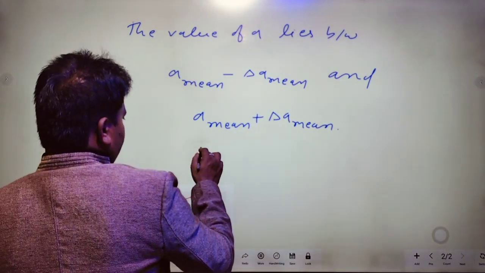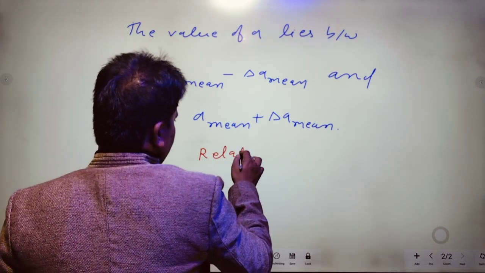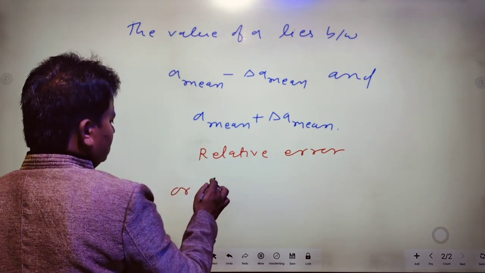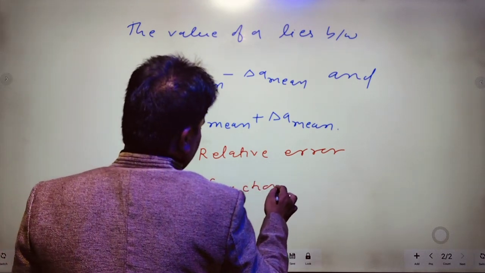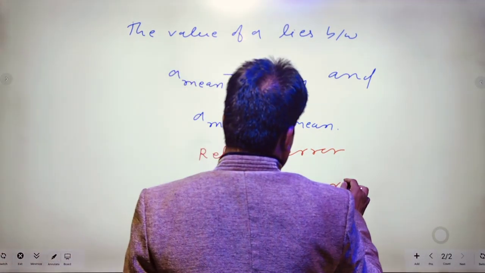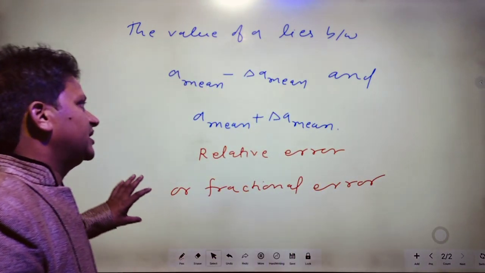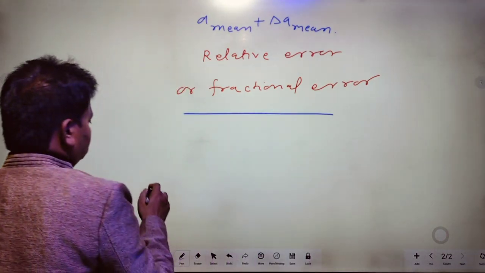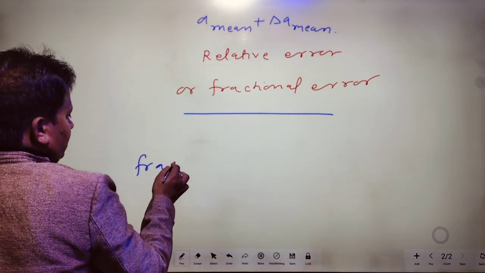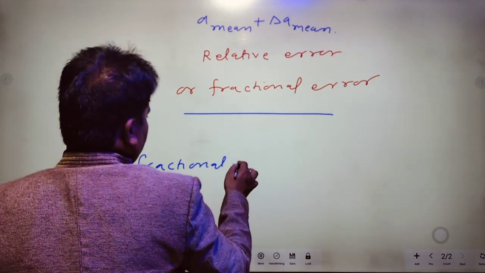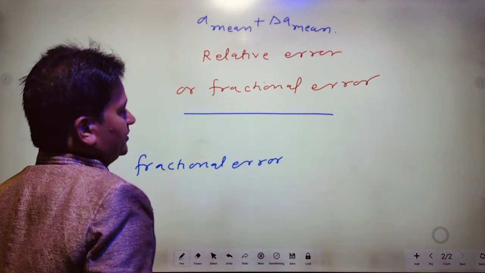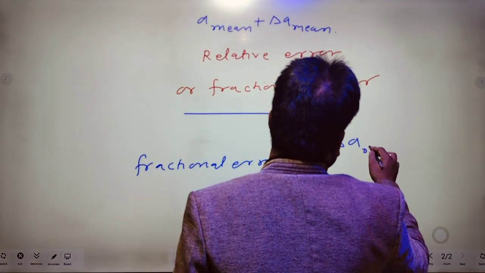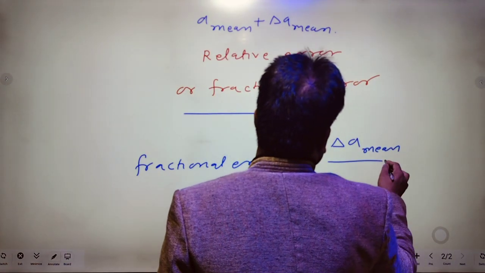Now I am going to define relative error. This is also called fractional error. Fractional error, also called relative error, is defined as delta A mean upon A mean.